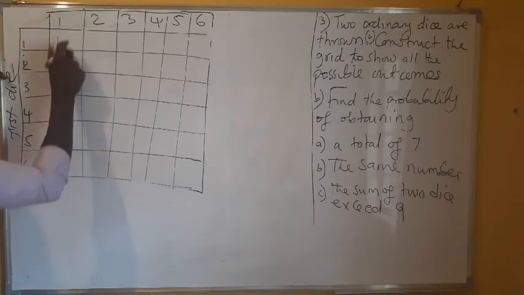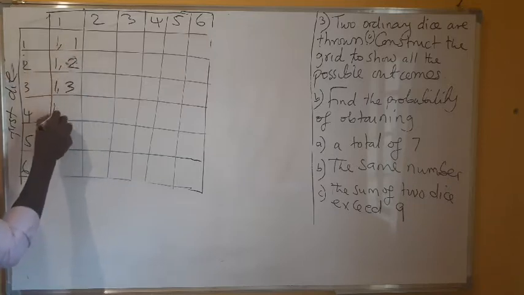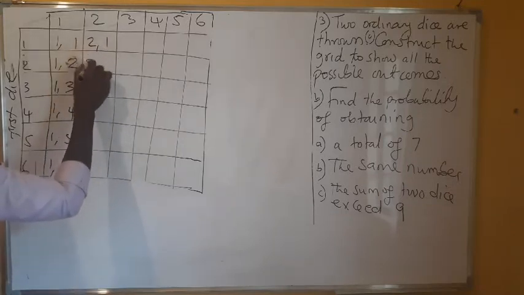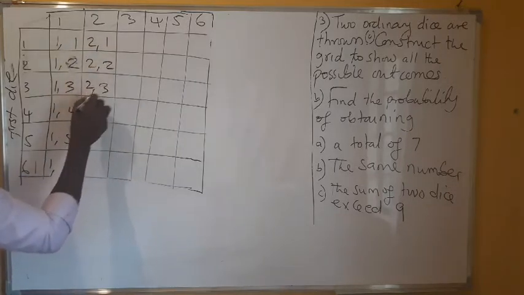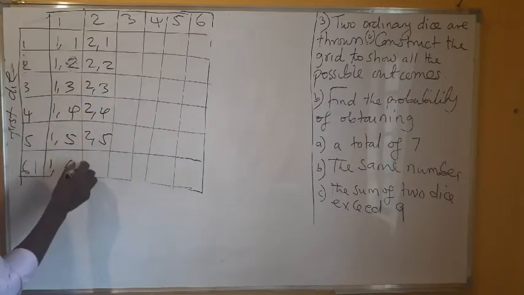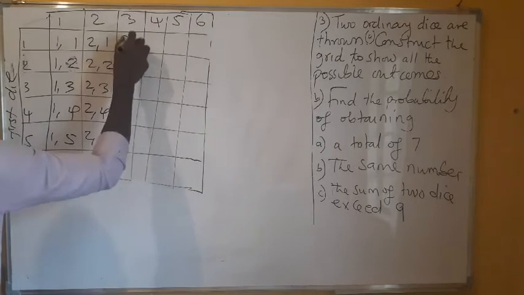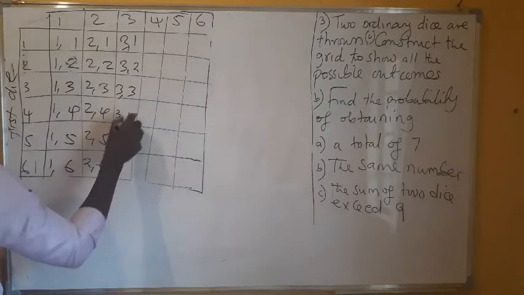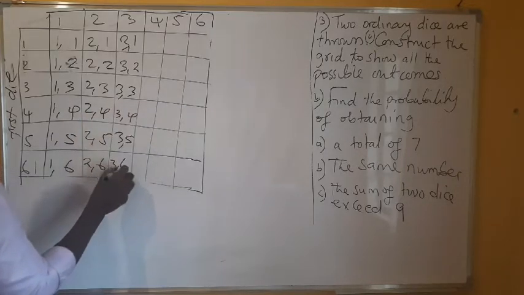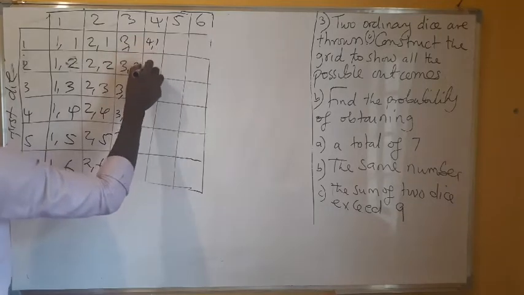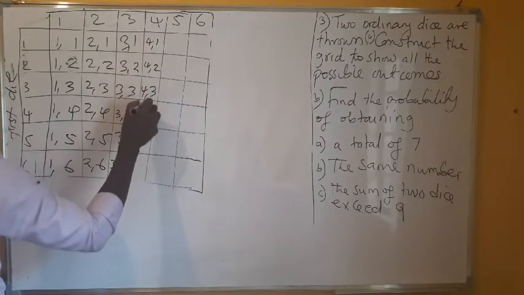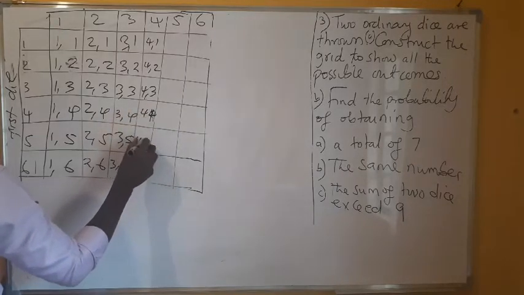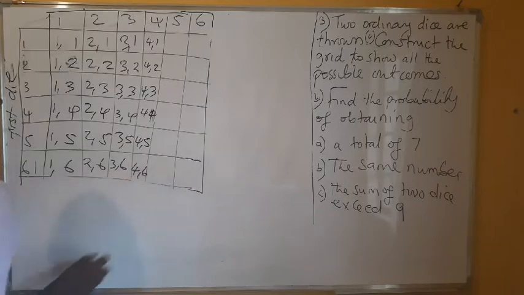This is 1, 1, 1, 2, 1, 3, 1, 4, 1, 5, 1, 6. This is 2, 1, 2, 2, 2, 3, 2, 4, 2, 5, 2, 6, 3, 1, 3, 2, 3, 3, 3, 4, 3, 5, 3, 6, 4, 1, 4, 2, 4, 3, 4, 4, 4, 5, 4, 6.